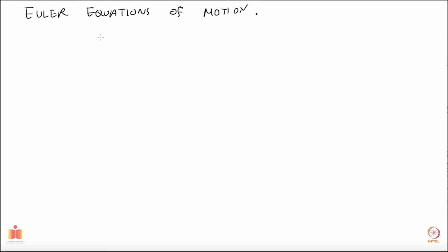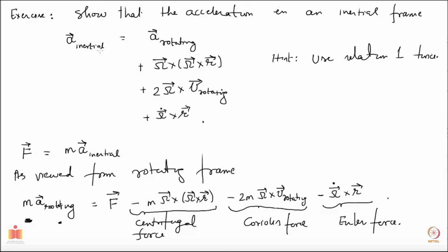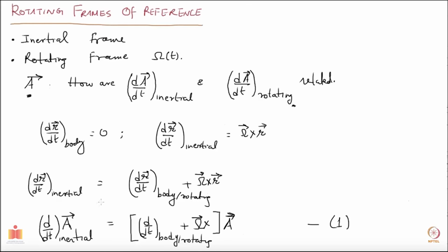We know that the rate of change of angular momentum is equal to the torque which is acting on that body. This is being calculated in the inertial frame, and this is the external torque which is acting on it, which I denote by N. With the help of the relation we had earlier, for A I have used the angular momentum, so I can replace it by this operator acting on the angular momentum.